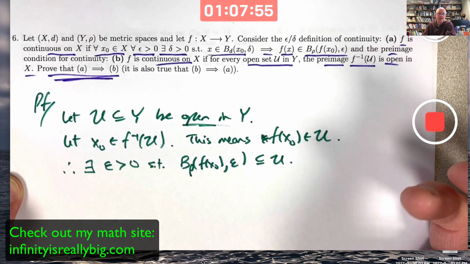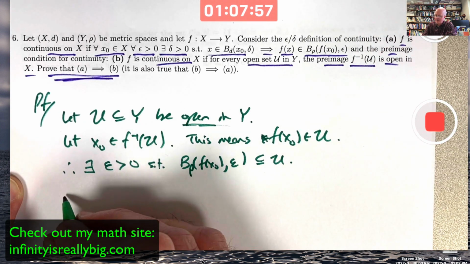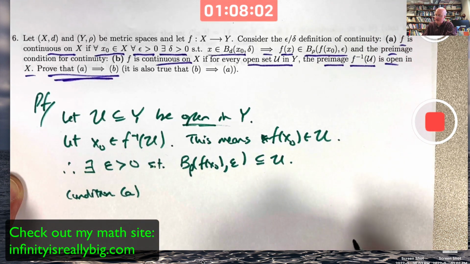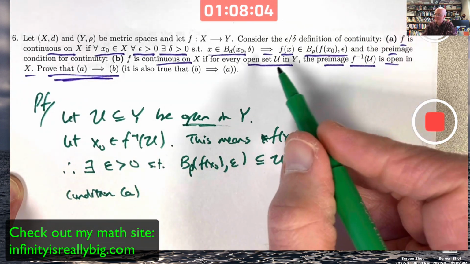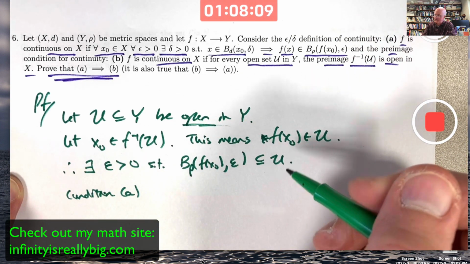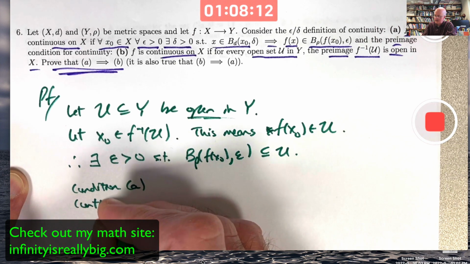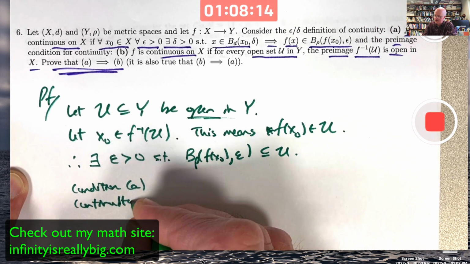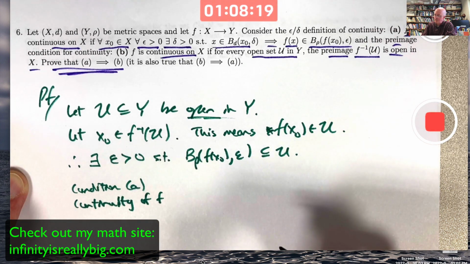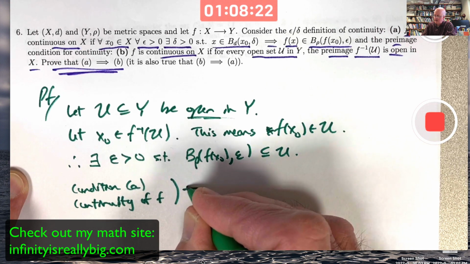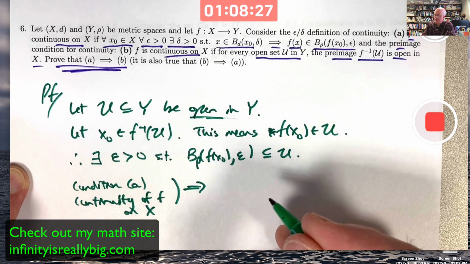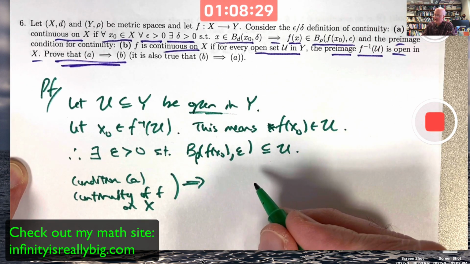Now I've set myself up to use condition A. Condition A, which I'm assuming is true, I'm also assuming f is continuous on X. On all of X, so in particular at x0. What do these things imply?